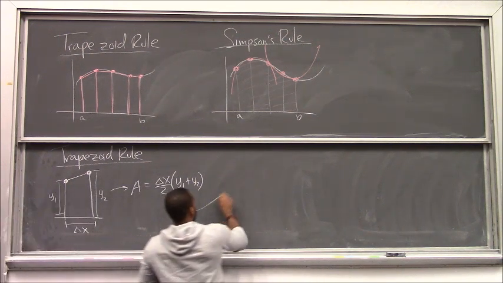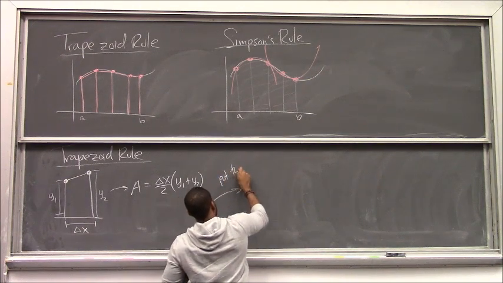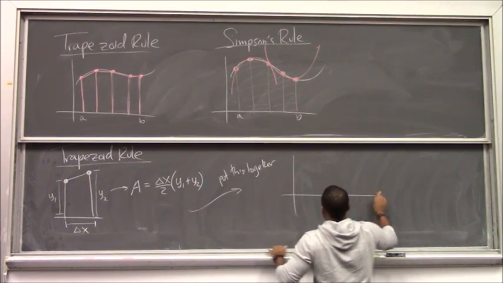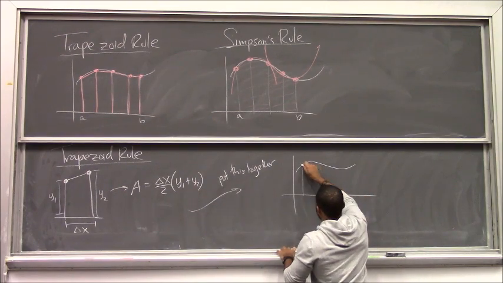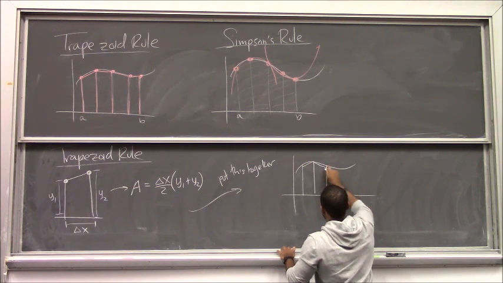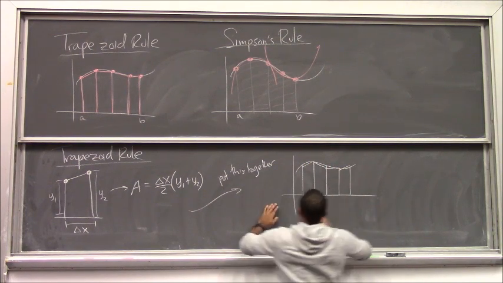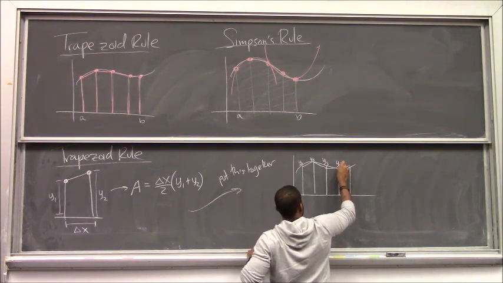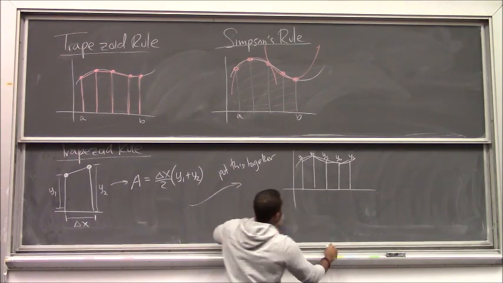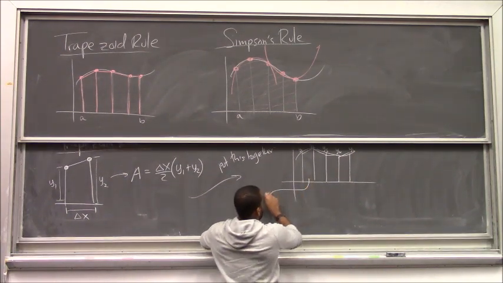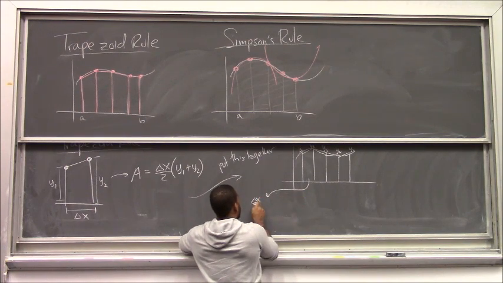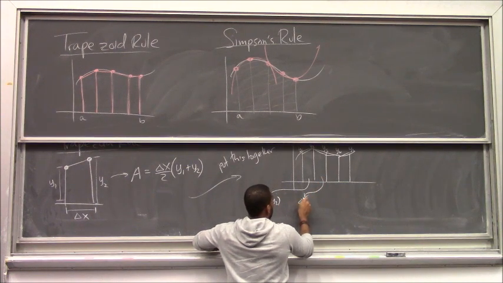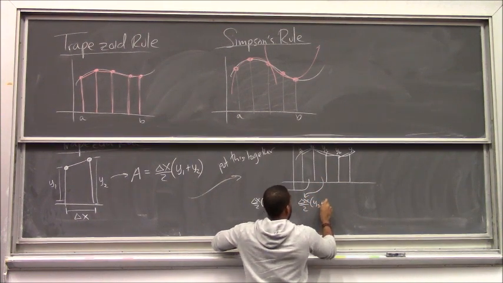Okay, so now you put this together multiple times, actually. Right, so you can imagine that we have a scenario where we have a bunch of these trapezoids. Boom, boom, boom, boom. So let's say this is where your y1, your y2, your y3, your y4, your y5, etc. Notice that the area of this one is going to be delta x over 2 times y1 plus y2, whereas this one is going to be delta x over 2 times y2 plus y3.